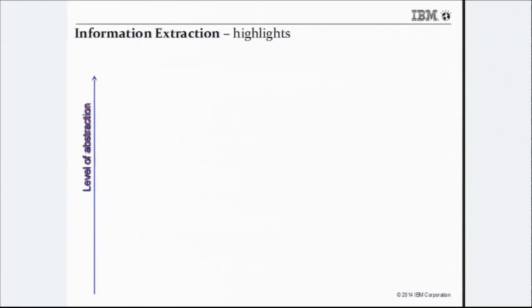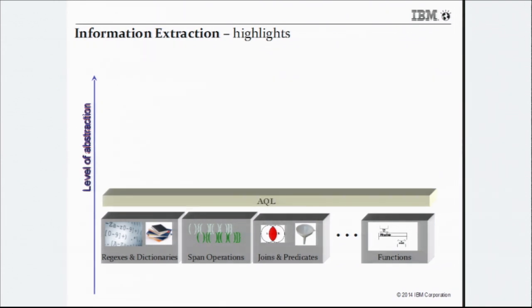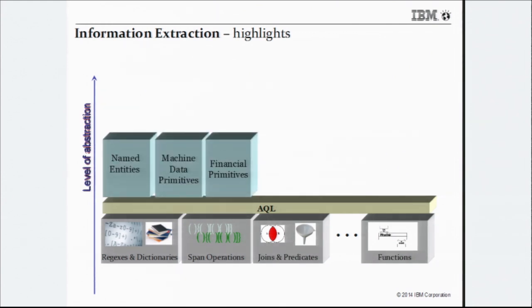So as far as information extraction itself goes using our platform, first we've got the low-level constructs of our AQL language, which are then used by us to build a lot of extractors or extractor routines. In this case, we have named entities, log data or machine data extractions, and then we also have a bunch of financial extractors.